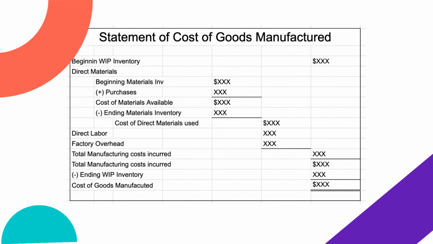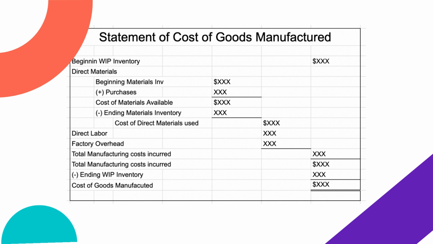And how you do this is you're going to take your beginning work in process inventory account total, and then you're going to look at your materials accounts. So of your direct materials, you're going to look at the beginning materials inventory account. Then you're going to add any purchases, which will give you the cost of materials available, minus your ending materials inventory, which will give you your cost of direct materials used.